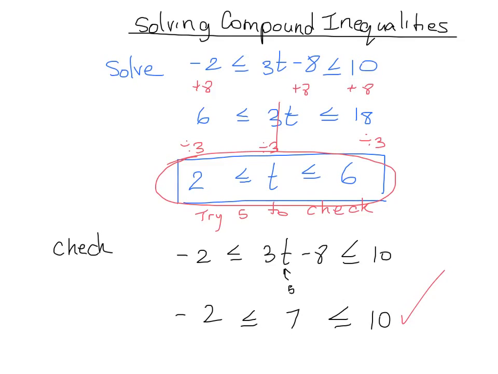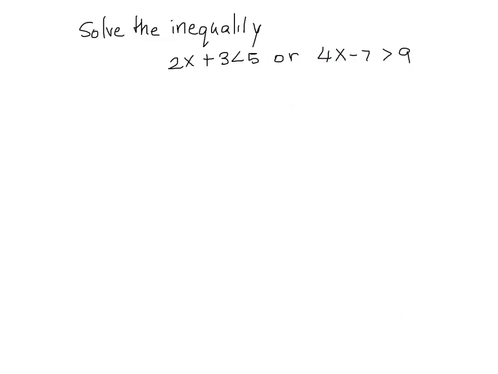All right, so let's try another. This is an OR inequality, and it looks harder, but in fact it's not harder. It can be solved just like two inequalities, not a big deal.